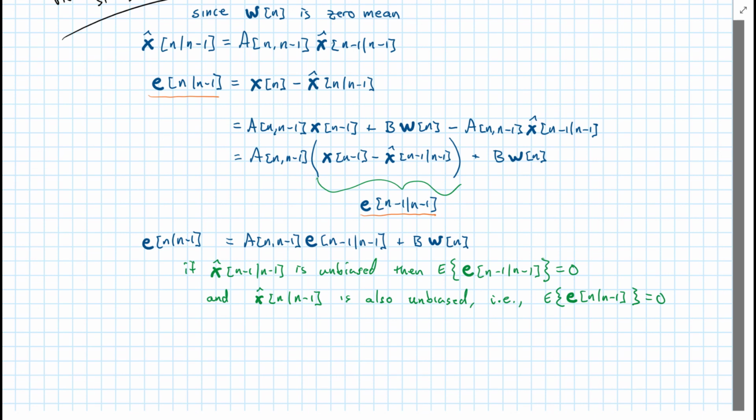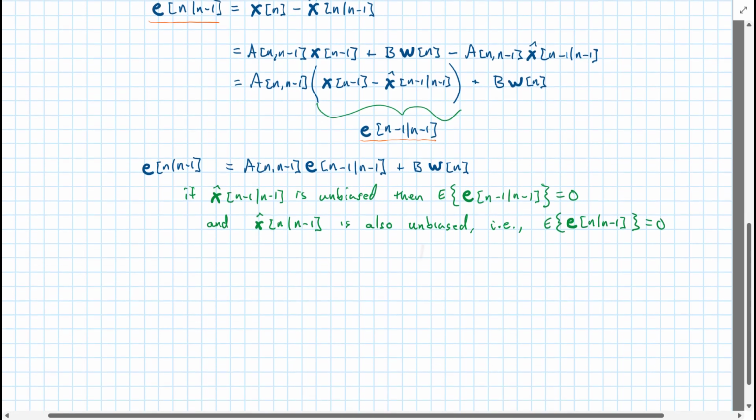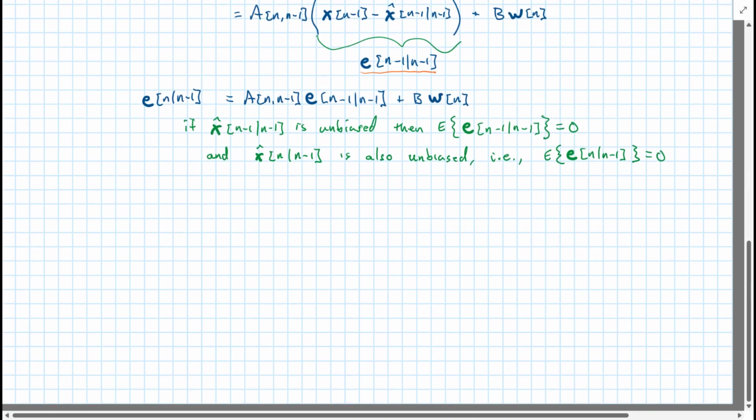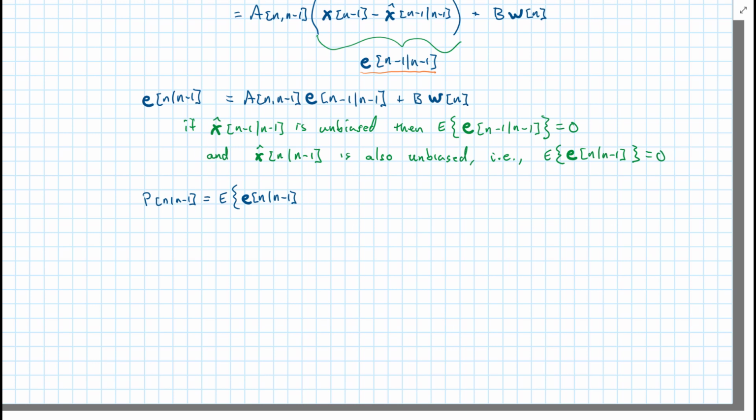Now, for reasons that will soon become apparent, it's also going to be really useful for us to have an update to our P matrix. So to get that, we have P n given n minus 1 is equal to, by definition, the expected value of E n given n minus 1 times its transpose.